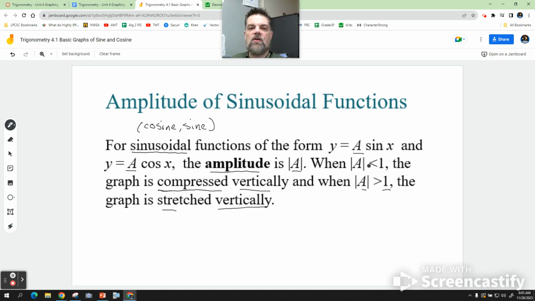Yeah, it just flips over. But if a was negative 1/4, it would still compress it because the absolute value of negative 1/4 is 1/4. So the amplitude would still be 1/4, and you would take the regular sine or cosine and compress it.